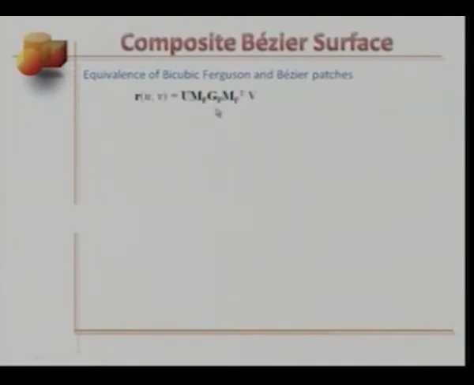So this is the Ferguson's patch here. R as a function of u and v equals u, M_F, the Ferguson's coefficient matrix, G_F, the Ferguson's geometric matrix, M_F transpose, v transpose, which is equal to u M_B, the Bezier coefficient matrix, G_B, the Bezier geometric matrix, M_B transpose, v transpose.